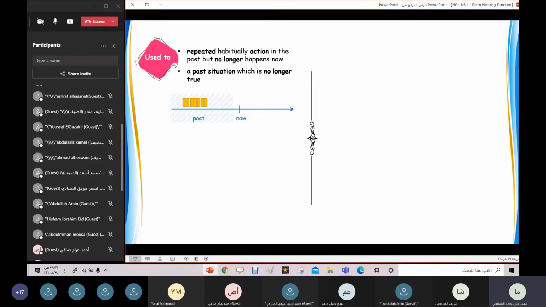A past situation which is no longer true. Look at the timeline. Here we have now, and in the past, doing something a lot, like a habit, but now, no. With used to, we use what? The verb without any endings, the base form.